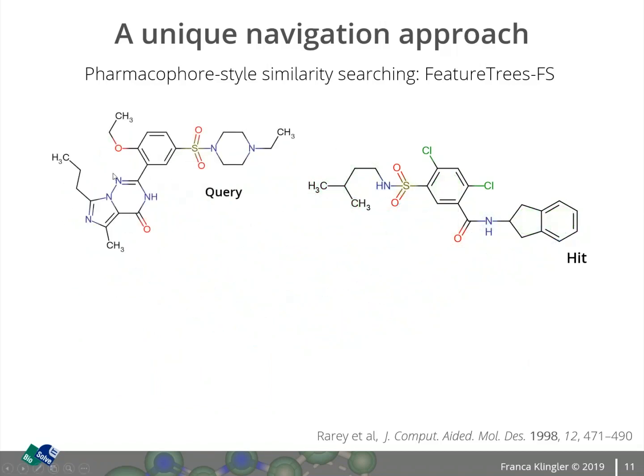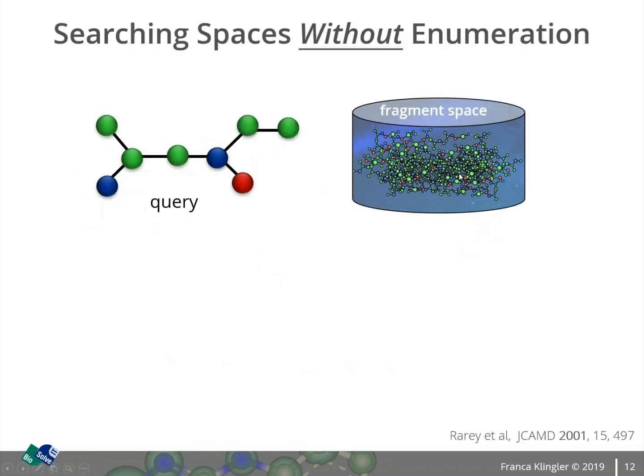So when you go into FeatureTrees, you will come up with a query like this and get a hit like this if you want to, because that's the uniqueness of this algorithm. As it's a little bit fuzzy in this pharmacophore representation, it can do scaffold hops for you, but it can find close analogs as well. And I didn't tell you the full story now, but when I just showed you the picture of those fragments with the Lego bricks, I wasn't 100% honest, because basically it's not molecules with Lego bricks, but little mini feature trees with Lego bricks.